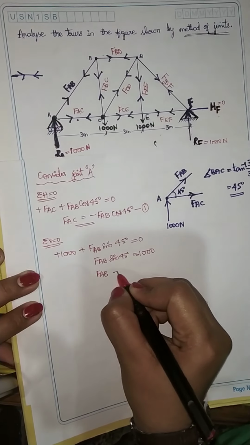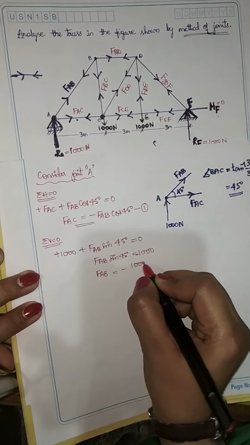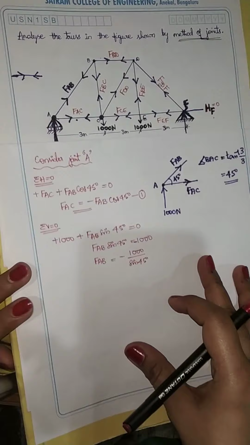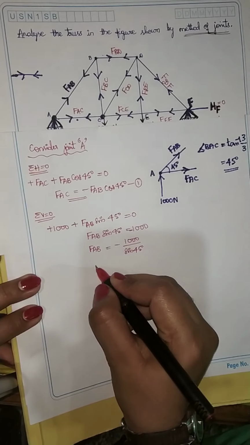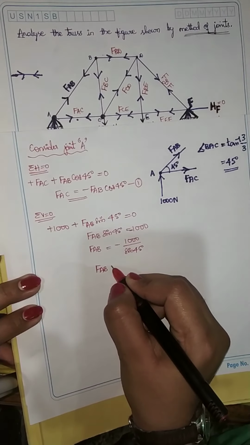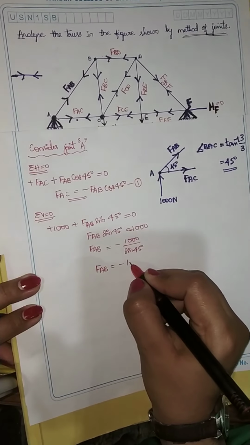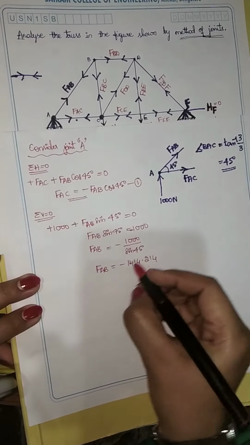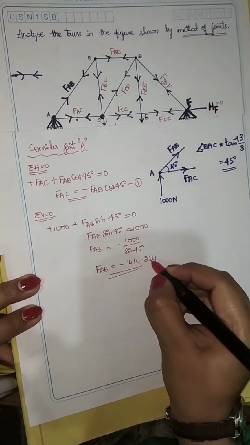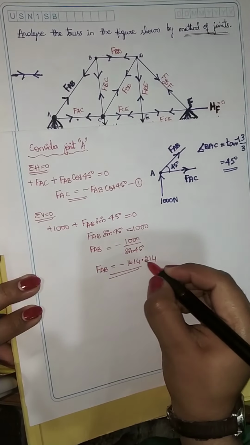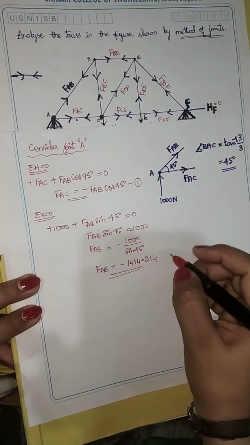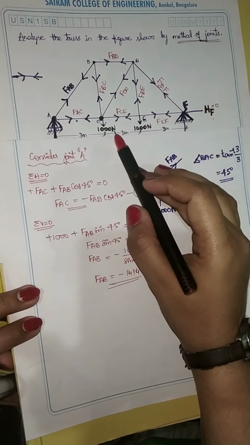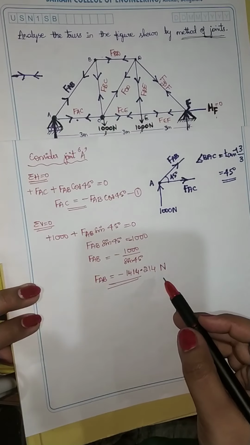Therefore FAB is equal to minus 1000 divided by sin 45 degrees. Therefore FAB is equal to minus 1414.214 Newton. They are giving the values in Newton here, so that's why I'm taking Newton.